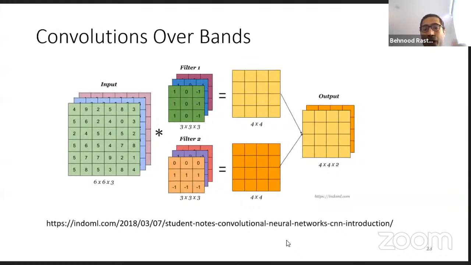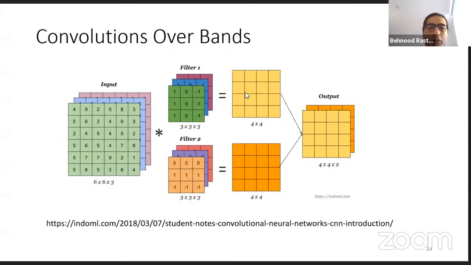And then we have convolution over bands. This is when you have not just a grayscale image, but more bands, such as hyperspectral images, and then you use multi-channel filters. As you see, when you convolve your filter with your image, you get one output.